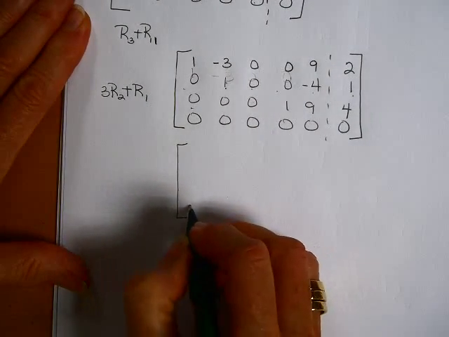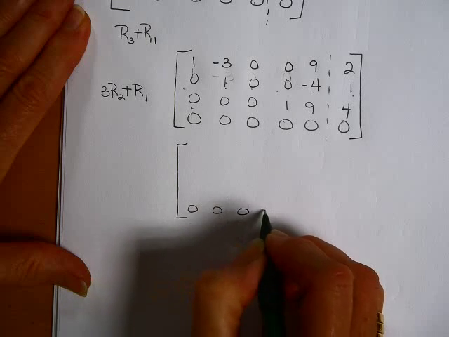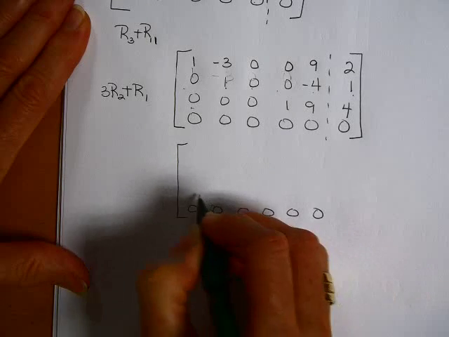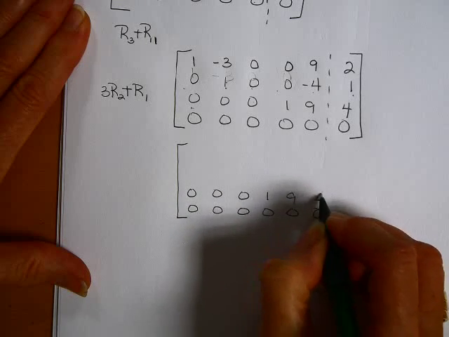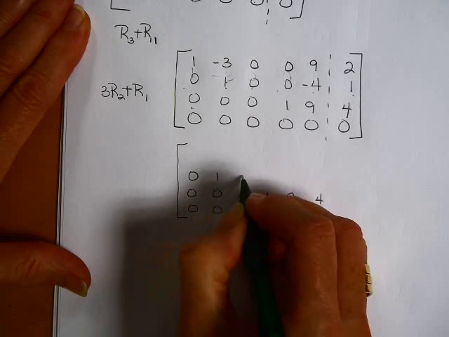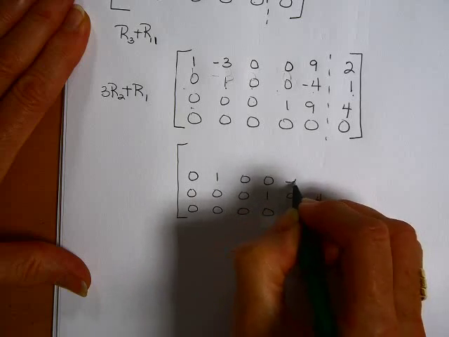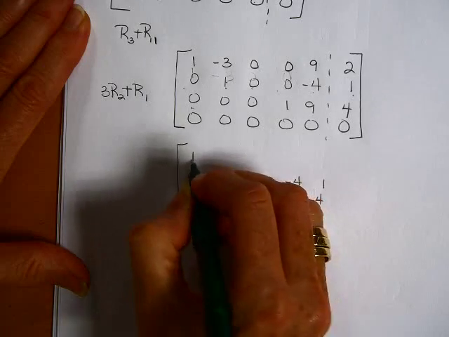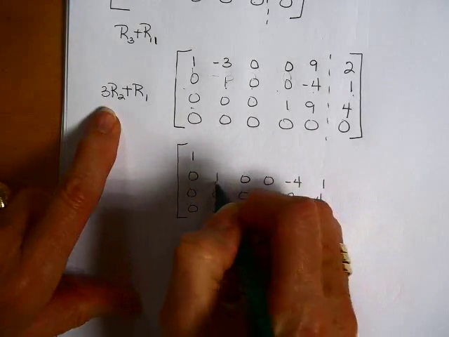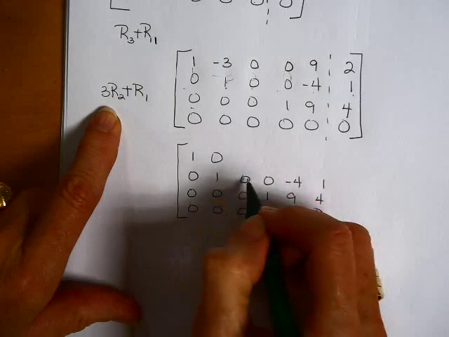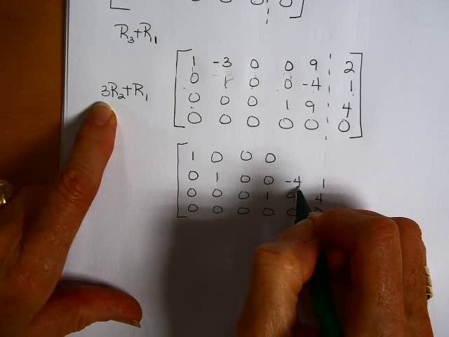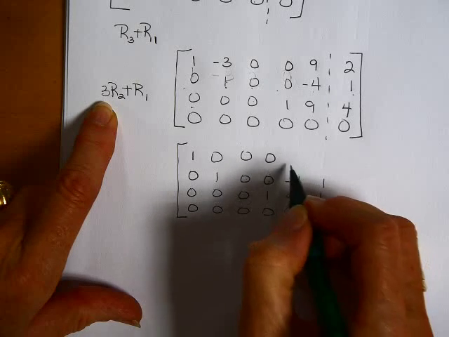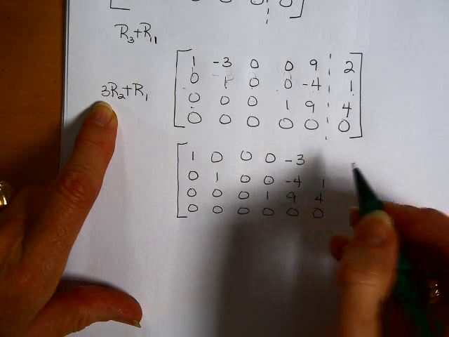All right, let's see. Still zeros. All right. 3 minus 3 is 0. That's a 0. That's a 0. -12 and 9 is -3.